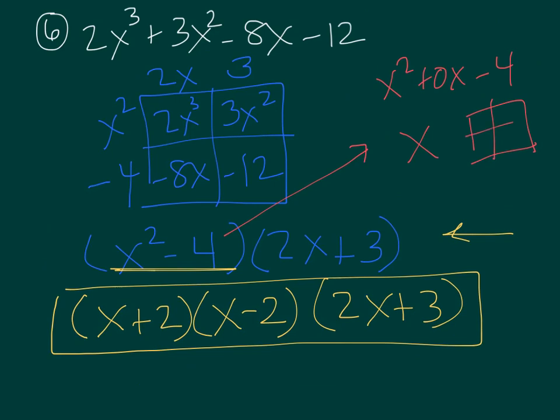So you want 2 numbers that multiply to -4x squared and add to 0x, which would be -2x and +2x. So we've got an x squared and a -4, so that should give you x minus 2 and x plus 2, which is exactly what we have down here.